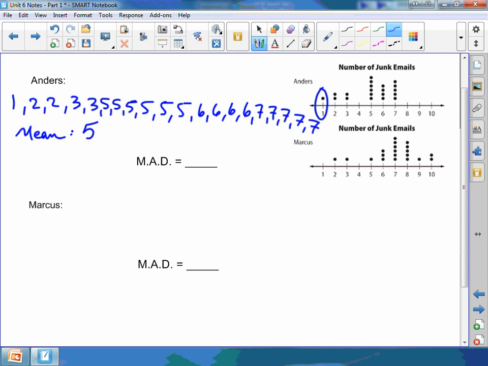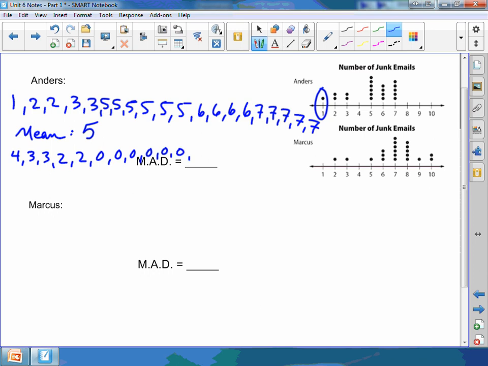Then you find the distance between the mean and all of these other numbers. For instance, if I was comparing 5 to 1, my distance there would be 4. 5 to 2, that means I would have 2 3s that far apart. 2 2s. 6 zeros, which you wouldn't need to include in the sum, they wouldn't matter.